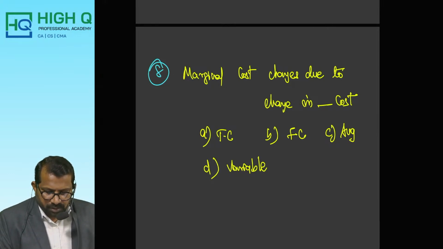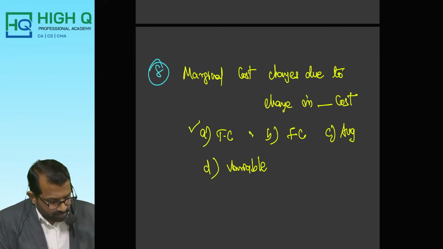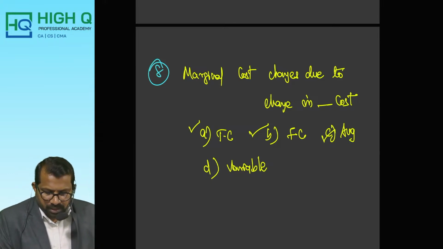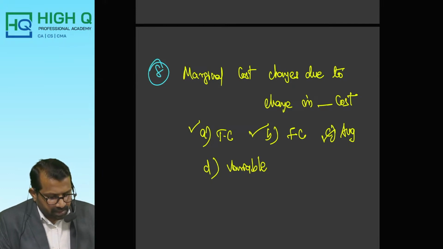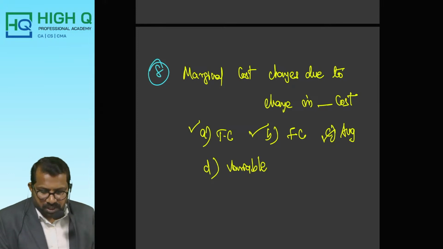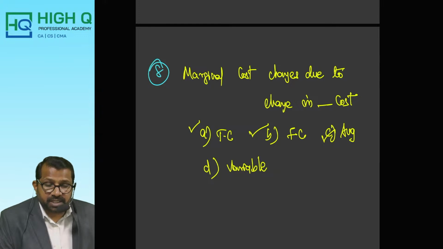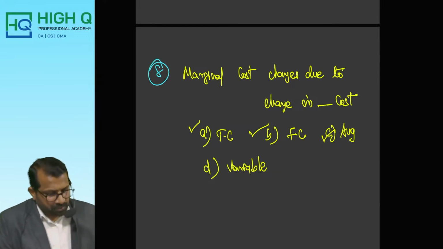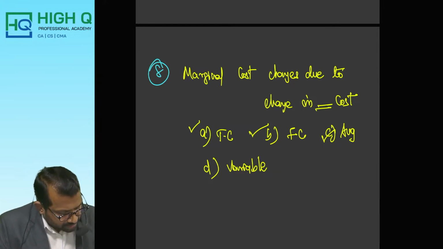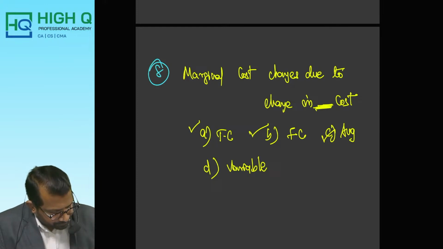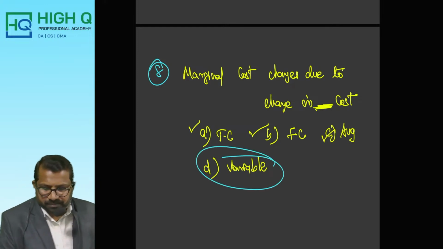So here they have given four options: total cost, fixed cost, average cost, and variable cost. Why variable cost? For the variable cost, changes in the level of output can happen in the short run. So marginal cost means what? It's an addition made to the total cost by the production of each and every additional unit of output. Therefore, marginal cost changes due to change in variable cost.